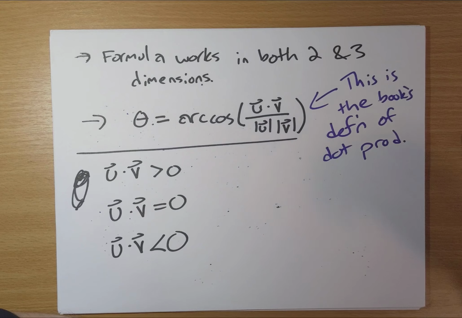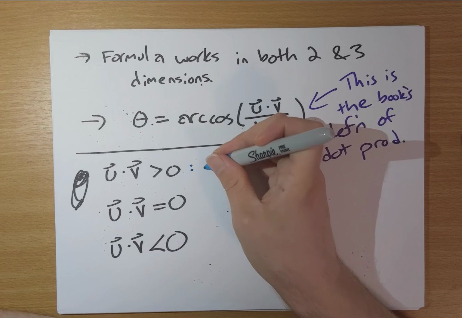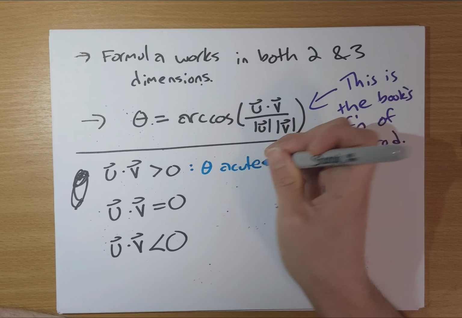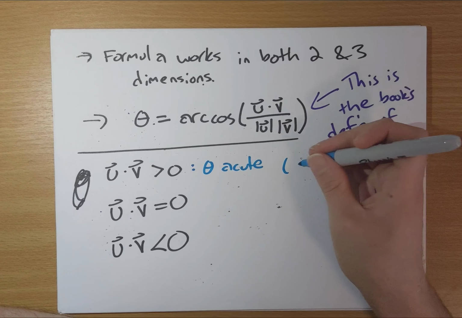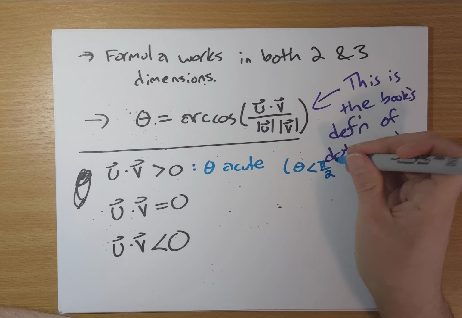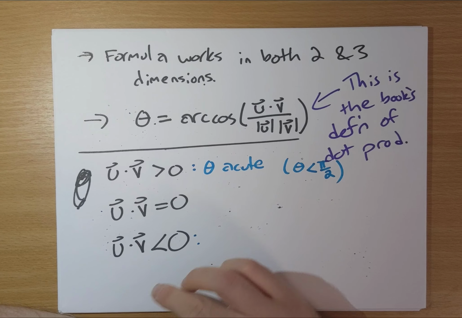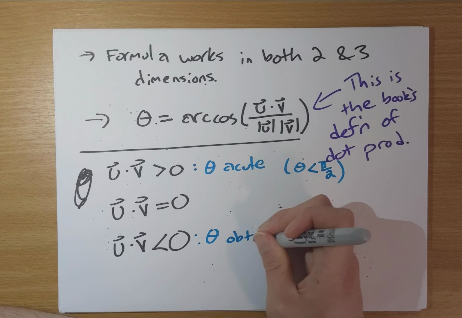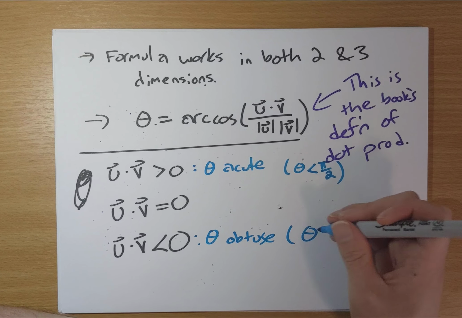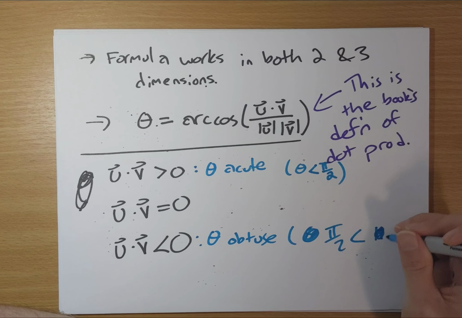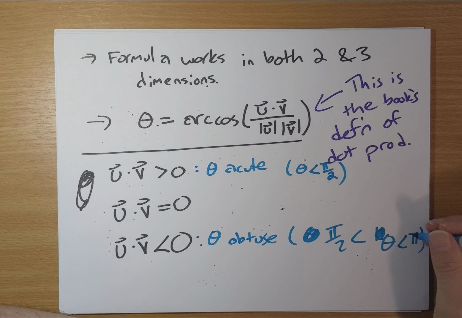If the cosine is positive, theta is an acute angle, that is, theta is less than pi over 2 radians. If u dot v is negative, theta will be an obtuse angle, between pi over 2 and pi radians.